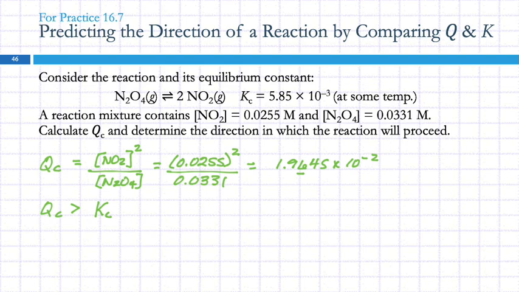The reverse direction. So when we go in the reverse direction, the products are getting smaller, right? And the reactants are getting bigger. And so this is going to go closer to K. So this will proceed in the reverse direction.